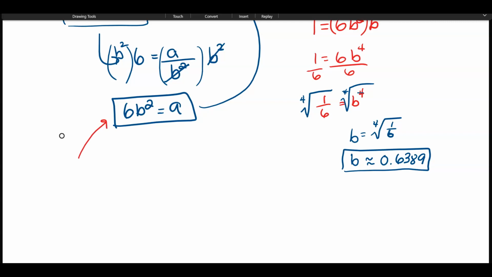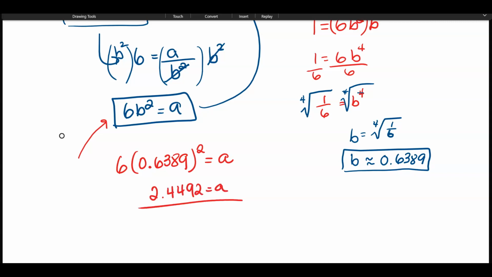So now we know what b is, so we can go back and plug it in to this equation. So we're going to have 6 times 0.6389 squared equals a. So when we plug this into our calculators, we're going to get 2.4492 equals a.